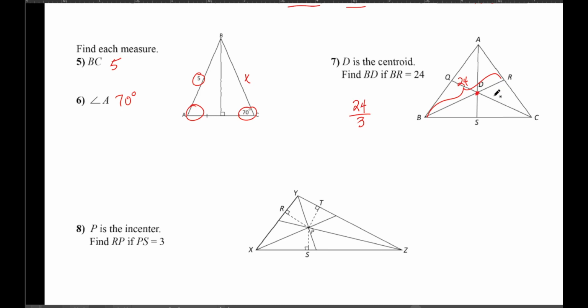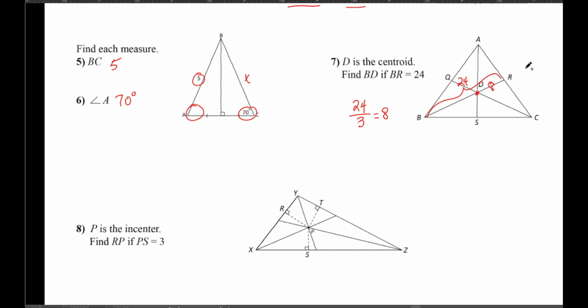So what's 24 divided by 3? It's 8. Come on, learn your multiplication tables. 8 times 3 is 24. I'm asking you what 24 divided by 3 is, not the answer to the problem. So this little bit right here is 8.